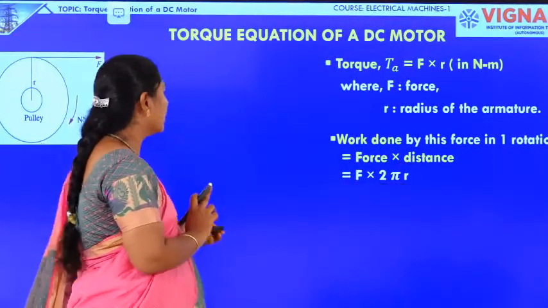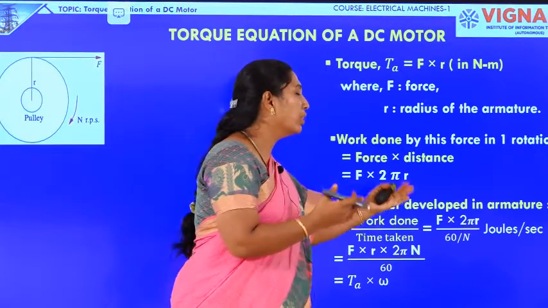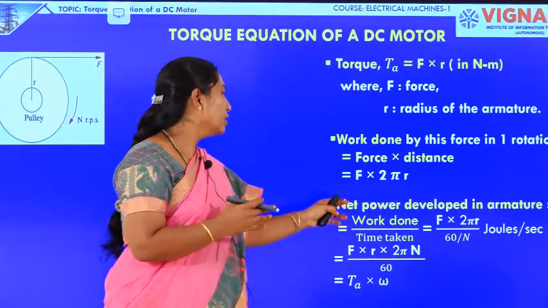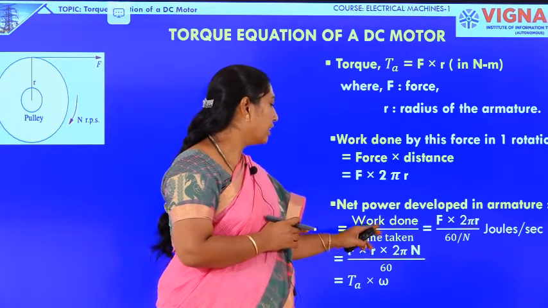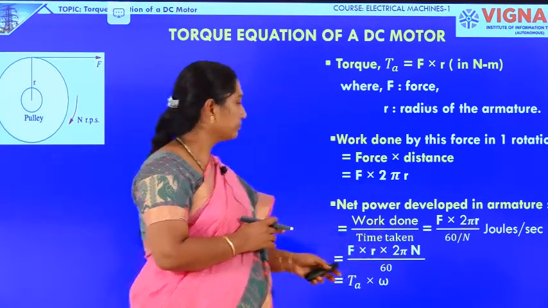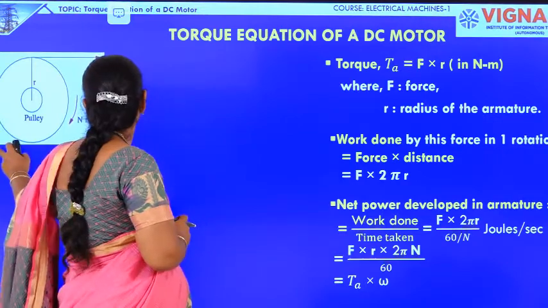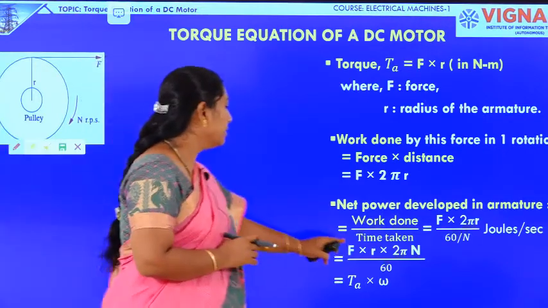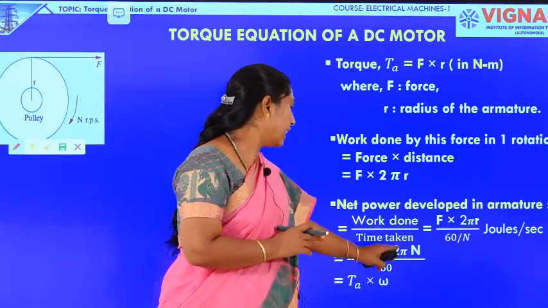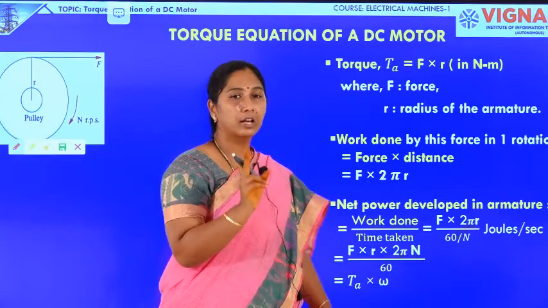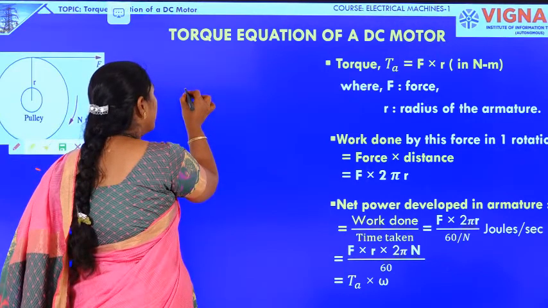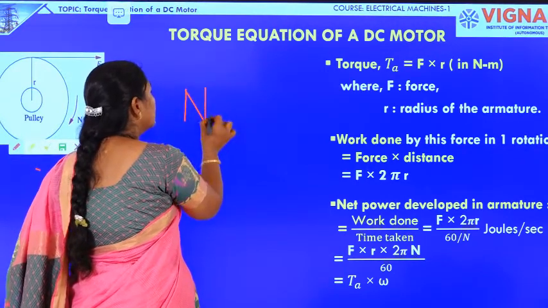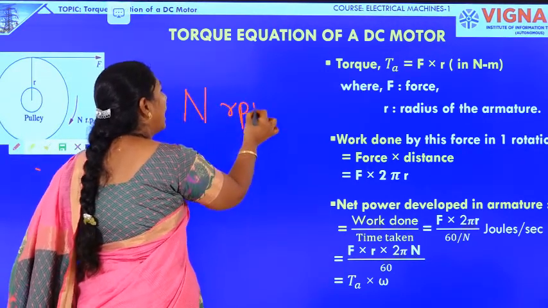Now let us look at what is the net power developed in the armature. The net power developed can be expressed as the work done by time taken. Here the time taken is the time that the conductor takes to complete one complete rotation. Here we have assumed that the motor is rotating at n RPM.